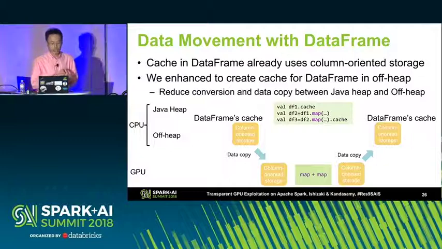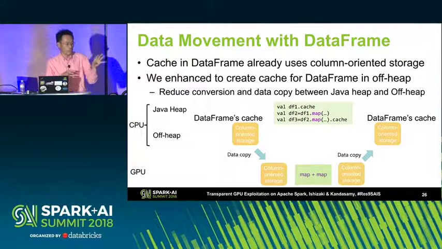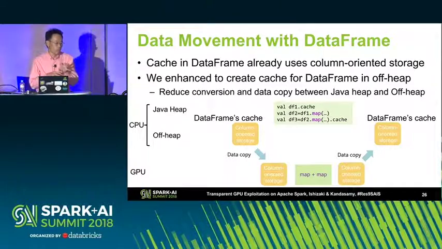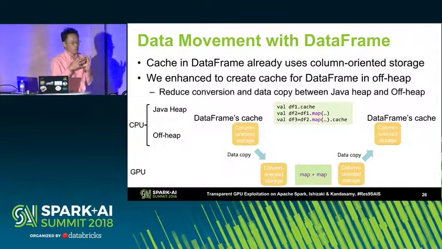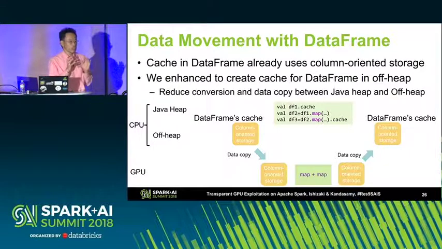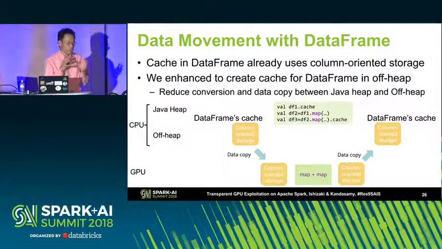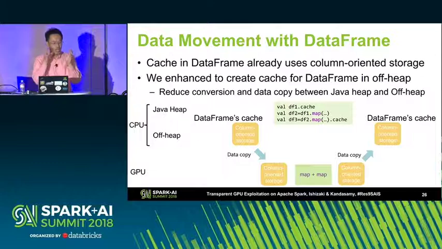So next, I will talk about the data frame approaches. Here is the data movement in the data frame approaches by automatic code generation. In the current Spark, if the data frame cache operation is performed, the data is stored as a column-oriented storage.